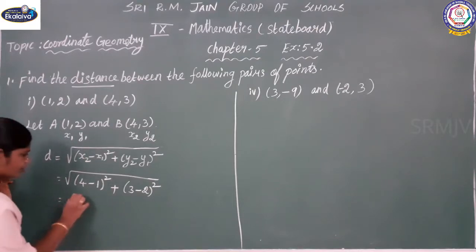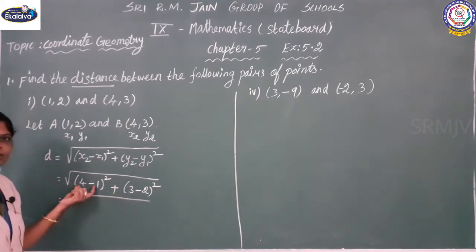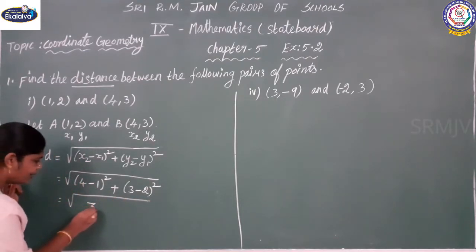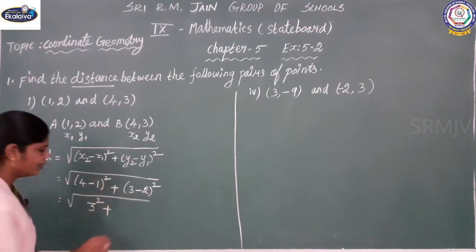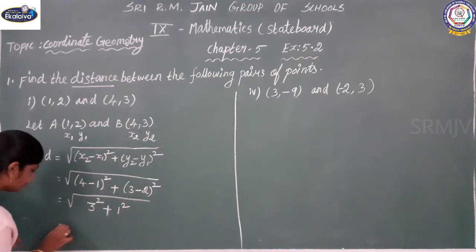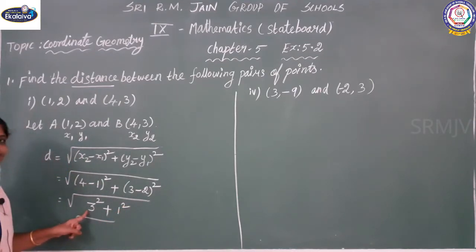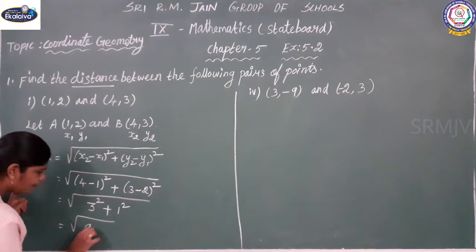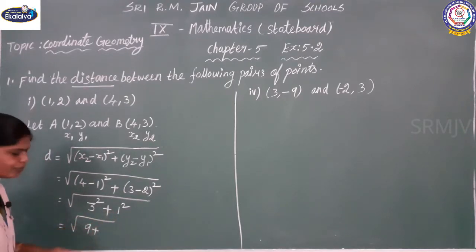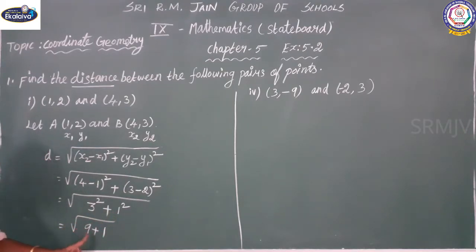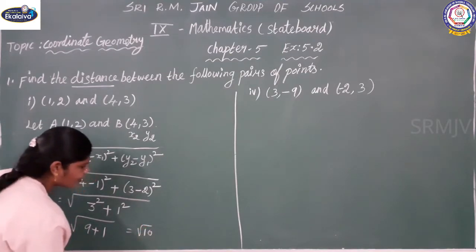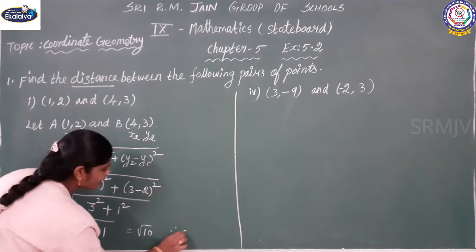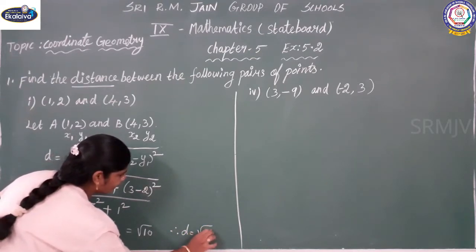So 4 minus 1 what you will get, children? 3. 3 square plus 3 minus 2, 1. So 1 square. So 3 square 9 plus 1 square 1 only. So root of 9 plus 1 what you will get, children? Root 10. So therefore the distance equal to root 10.